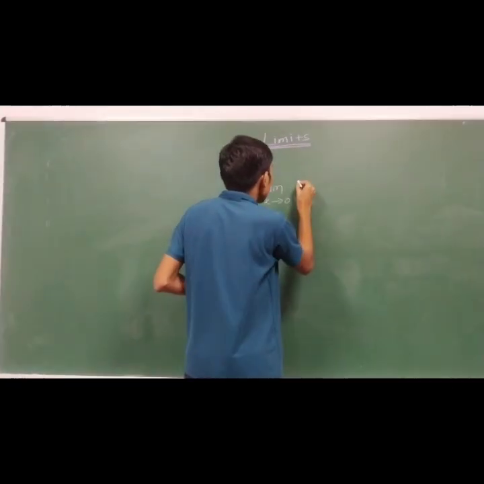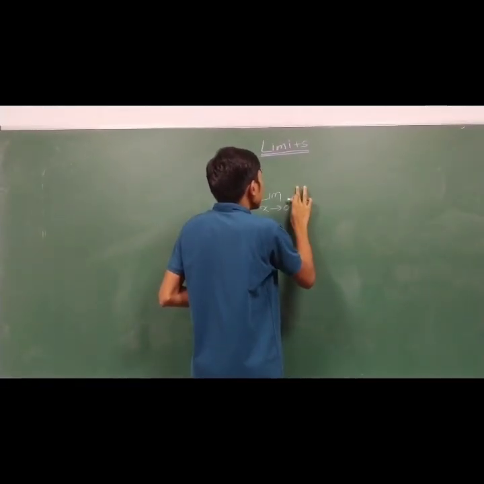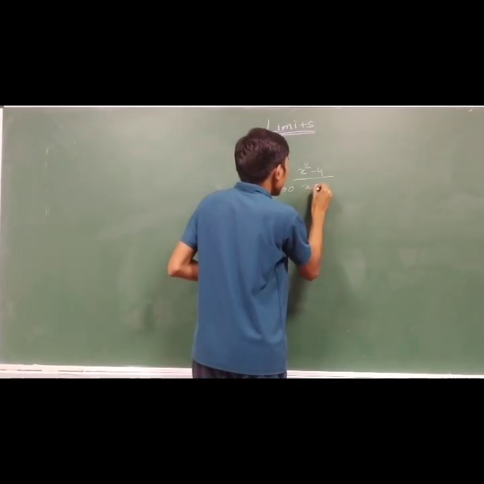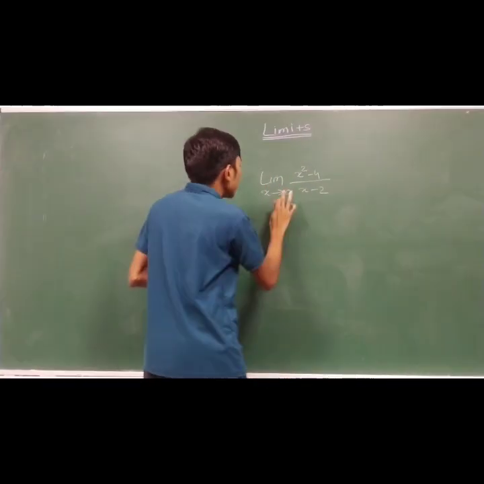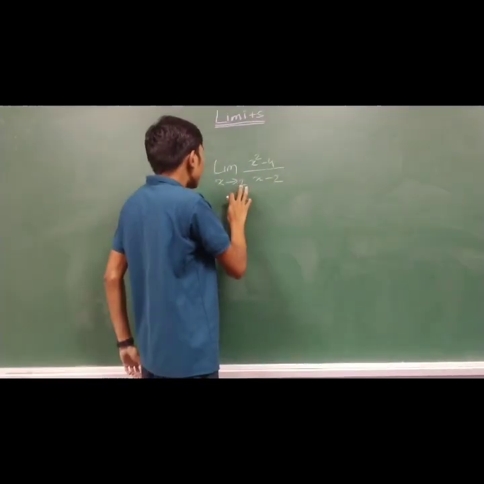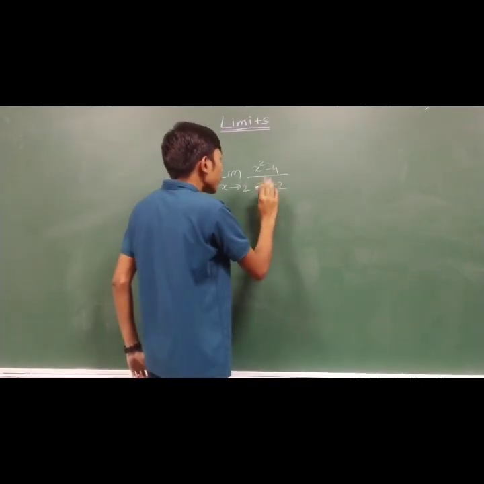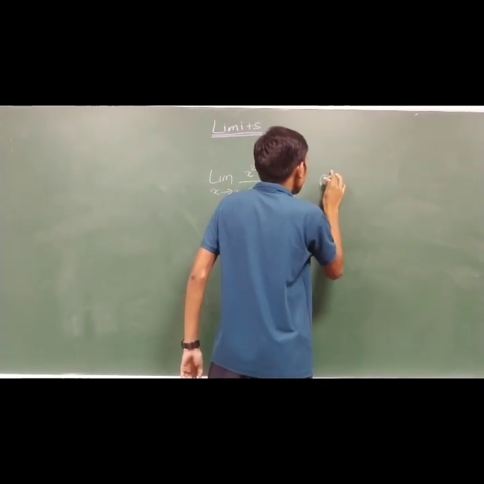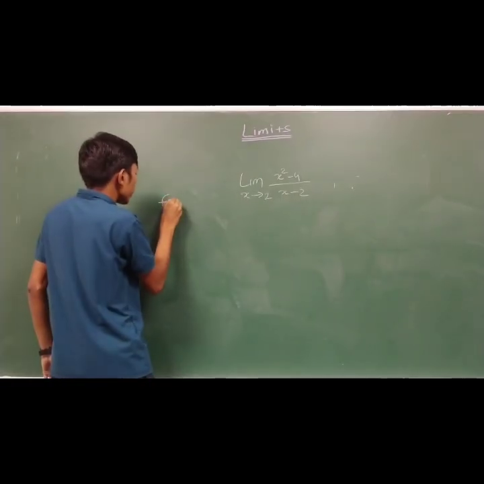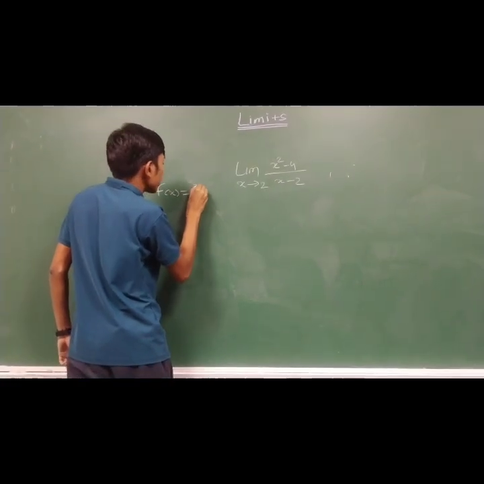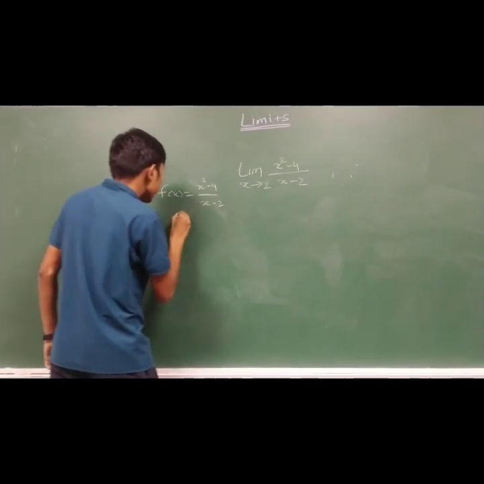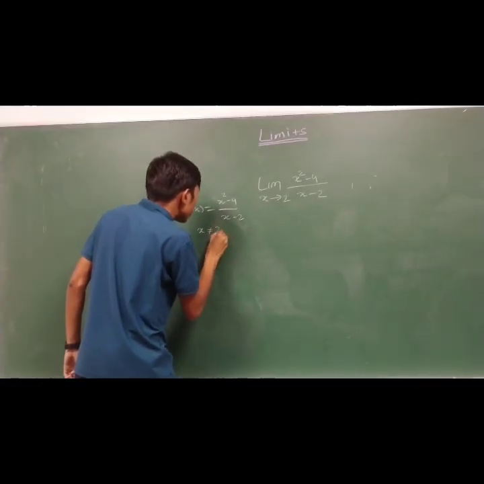Let us take f(x) equal to (x square minus 4) divided by (x minus 2). Let's take the limit at 2. Here the function f(x) is not defined at 2.